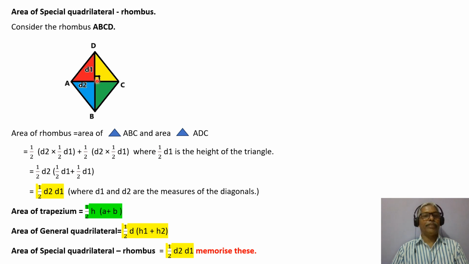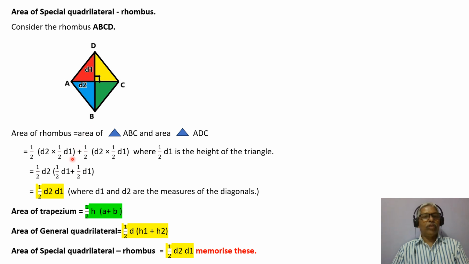Bisect, remember the bisect. You may check the properties of rhombus, they are given somewhere. Okay. We are presently trying to find the area of this figure, rhombus. Area of rhombus is area of triangle ABC, plus area of triangle ADC. If you add this, then that will be the area of the whole rhombus.